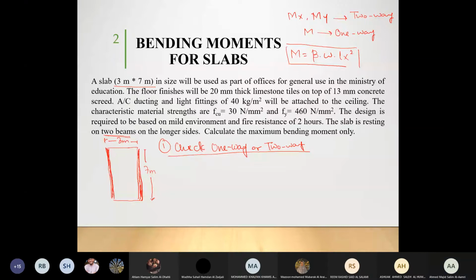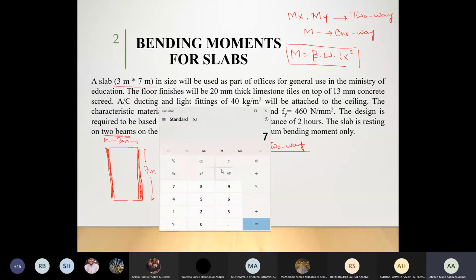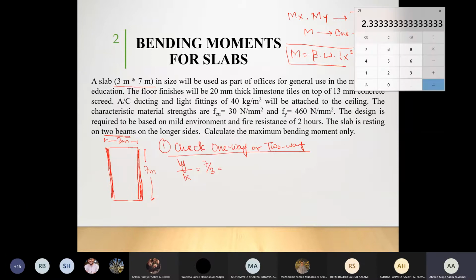Now, we already have an equation, Ly over Lx, which in this scenario equals 7 divided by 3, which gives 2.33, which is more than 2. So this turns out to be a one-way slab.